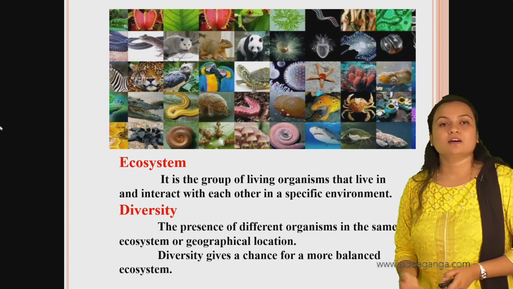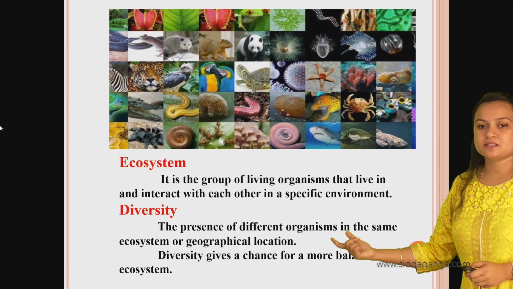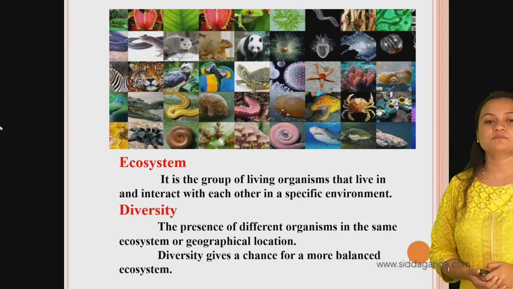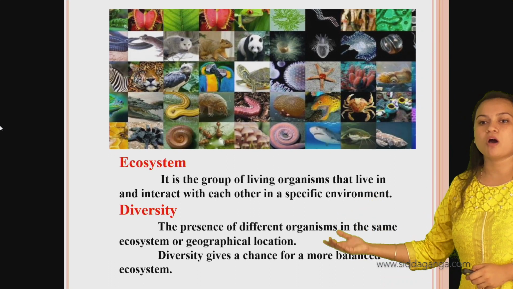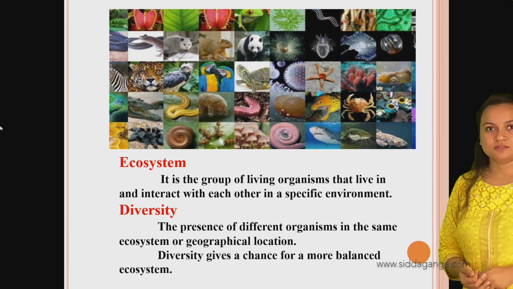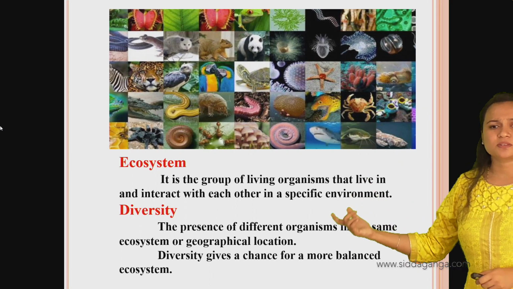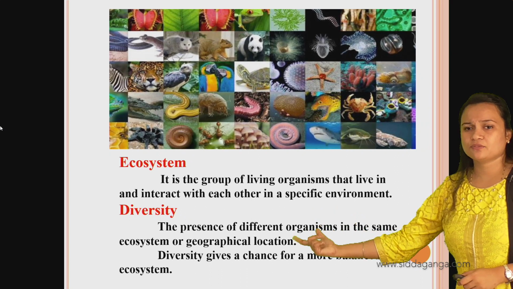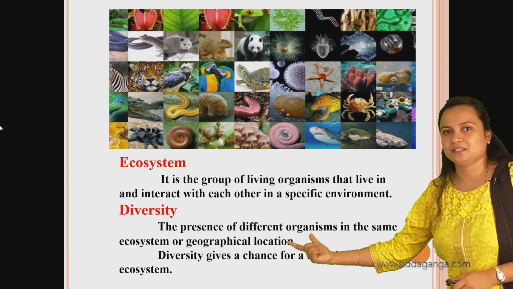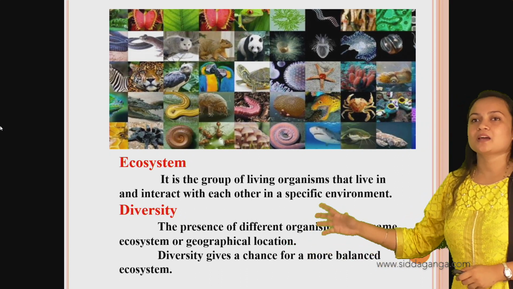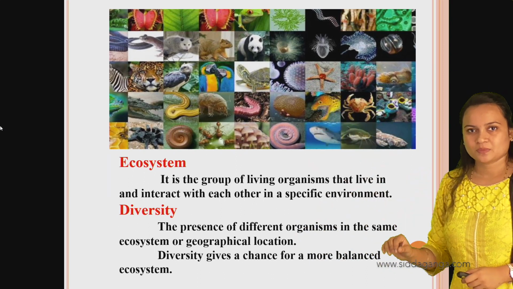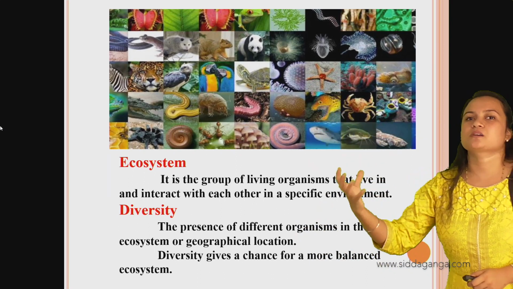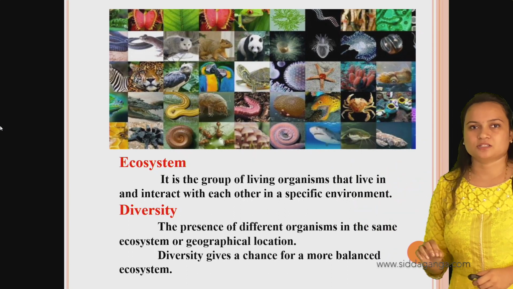Diversity is the presence of different organisms in the same ecosystem or geographical location. Here different organisms means the variety of organisms that are present in the ecosystem or a geographical location.